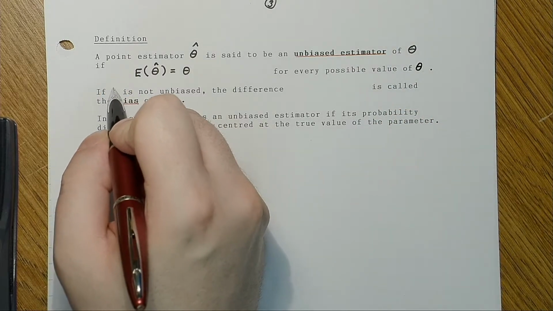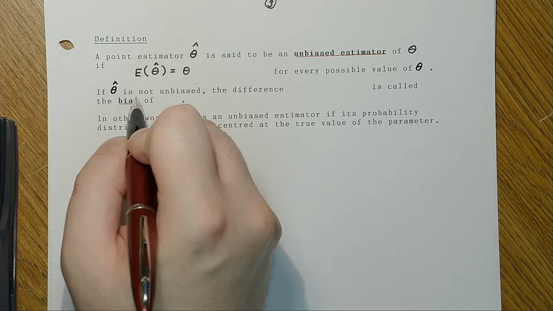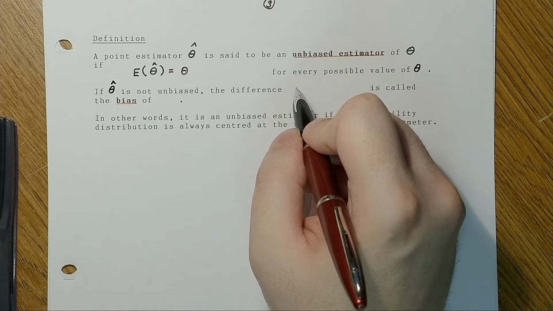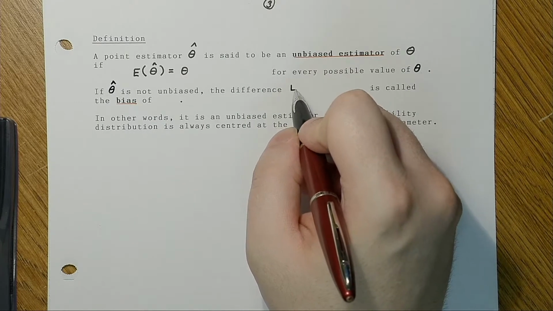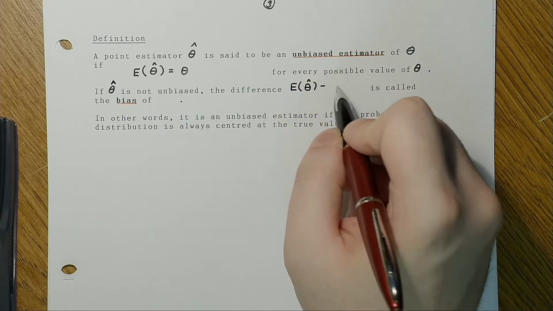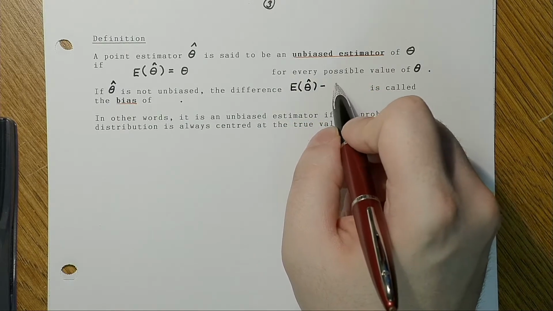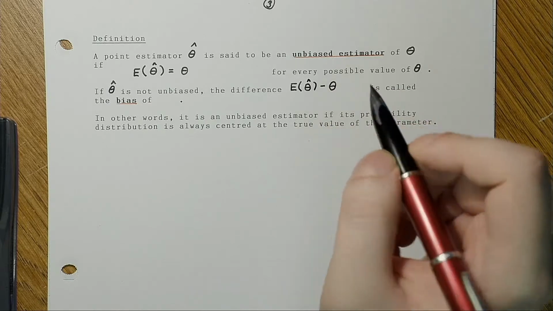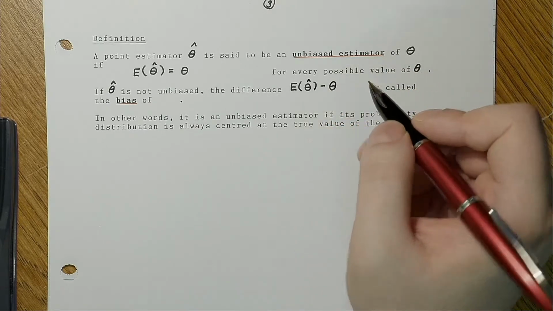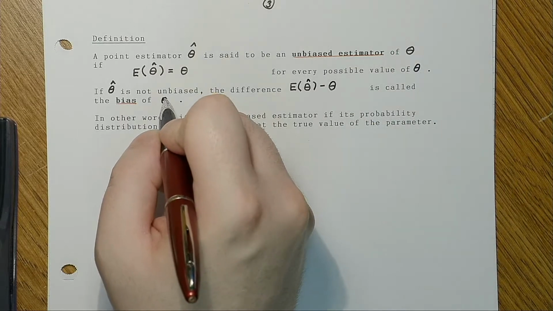if the point estimator is not unbiased, then what we do is we look at the difference of it. So the difference is called the bias of theta.